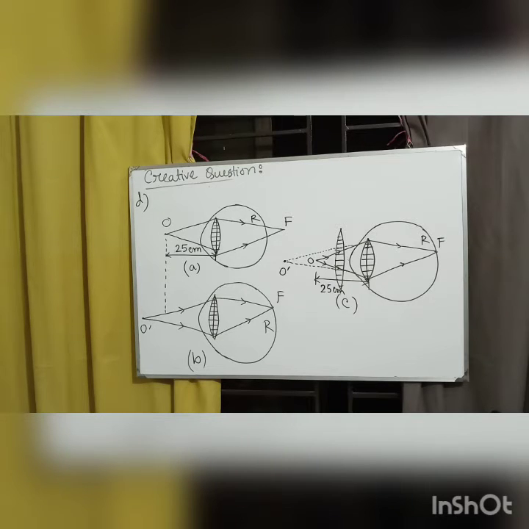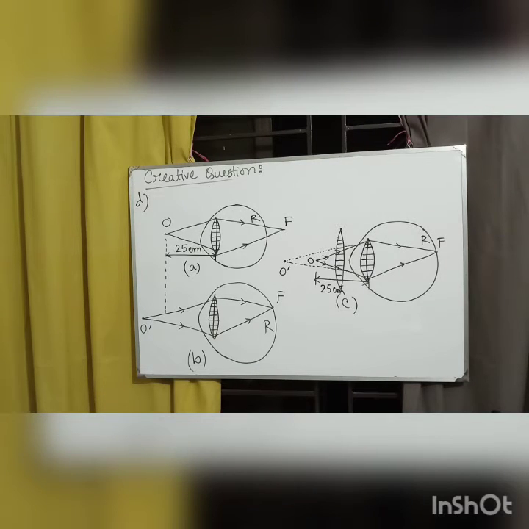In our figure A, we see that the light ray comes from the least distance point, but the rays do not meet at the retina. So this type of person cannot see an object from the least distance point.